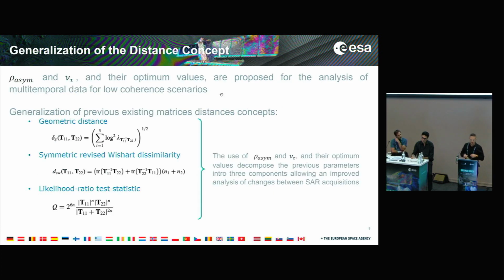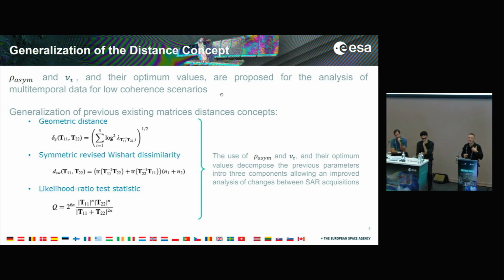Again, when we work with multidimensional data in polarimetry, we also have the concept of distances between matrices. I mean, you have the geometric distance, the symmetric revision, which are dissimilarity, the likelihood ratio, that are used to distinguish targets. So basically, this theory allows us to decompose this distance measure into 3 components.